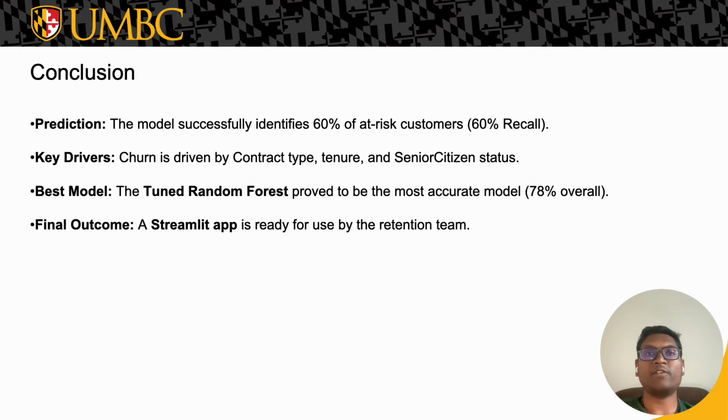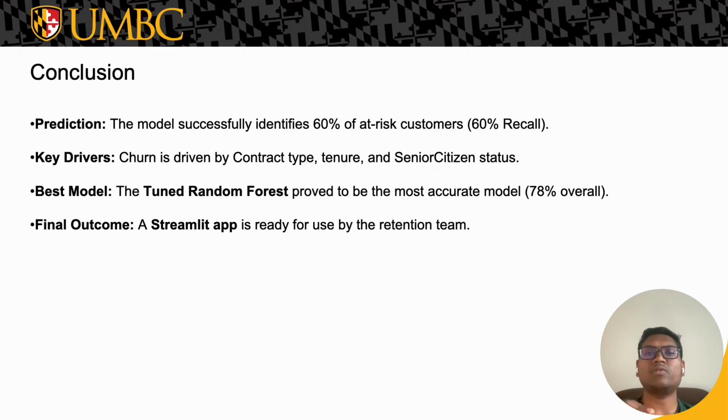To summarize my findings, my model successfully identifies 60% of at-risk customers, which is a 60% recall. And I found that churn is primarily driven by the customer's contract type, their tenure, and their senior citizen status.